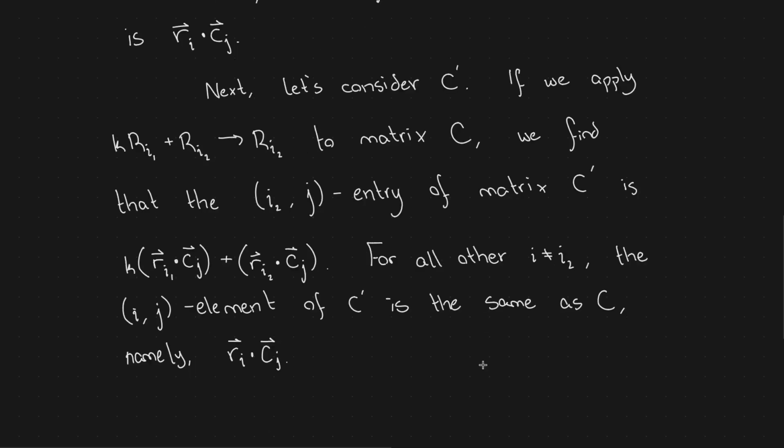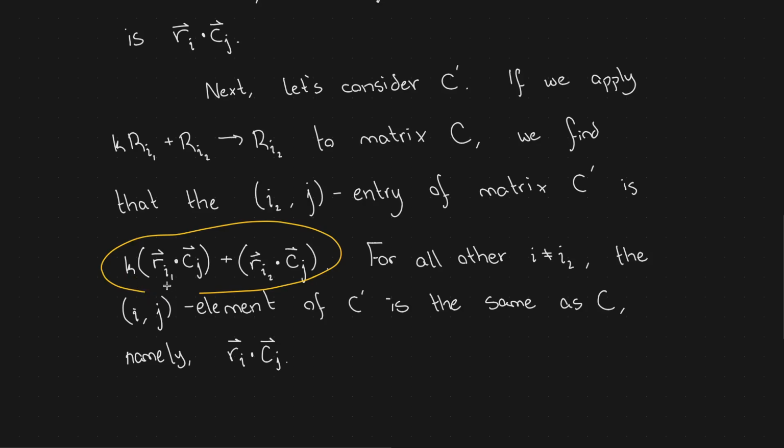If we look at the same row in matrix C prime, the matrix after we apply the elementary row operation, we get the exact same structure.